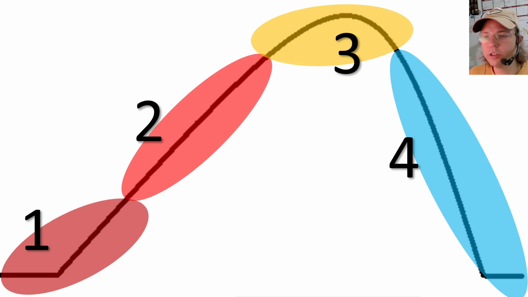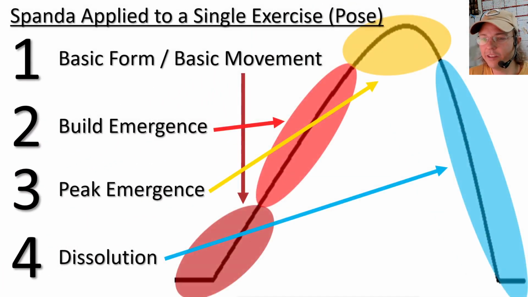So if this were a pose, then 1 might be getting into just the basic shape. 2 is just starting to be able to cultivate some life and some light and some thriving in the pose. 3 is the apex of that, and 4 would be we get out of the pose, because as we are taught, common sense, but also, this is a foundation of many of the Eastern traditions. Everything that emerges, everything that comes into existence, and Spanda as our model of emergence, disappears again. And so you can't do a pose forever. So we have to have that part 4, which is the dissolution or the release of it.